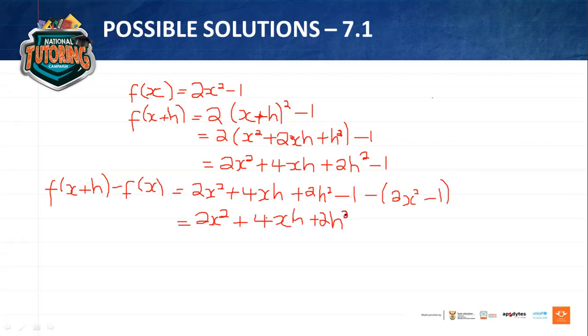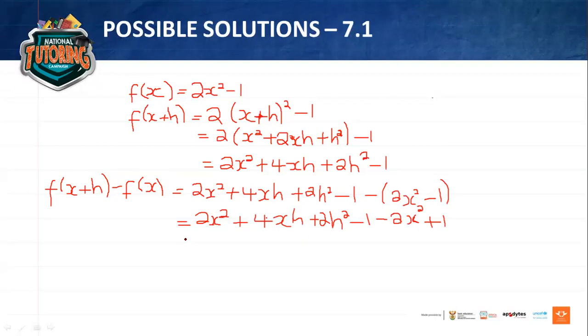This we write as is, by the way, minus 1 minus 2x squared. And remember, a negative and a negative, what is it going to give us? A positive. It's going to give us positive 1. Okay. So this is what we are going to have.